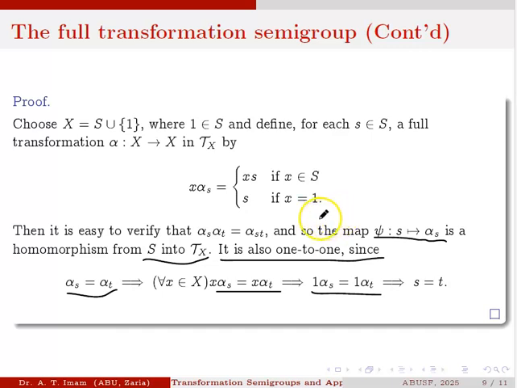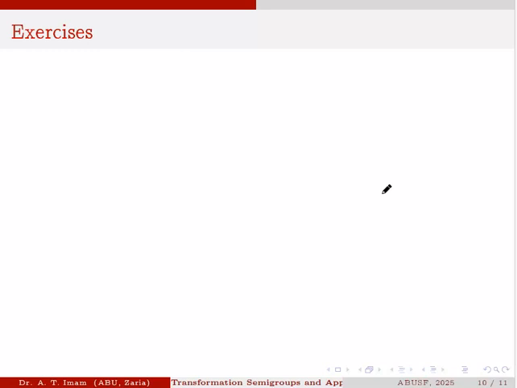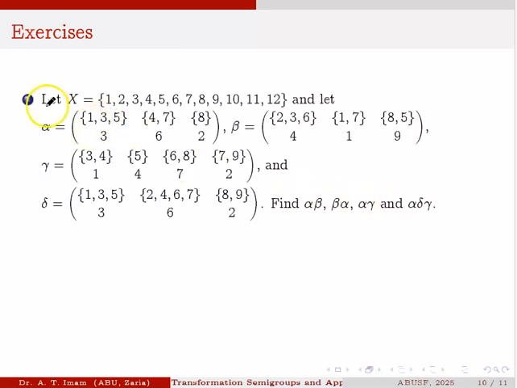So this is the last part of my today's discussion. But before I round up, I will give you a few exercises. The first exercise is to consider a set of 12 elements, and then take these partial transformations and compute the compositions.